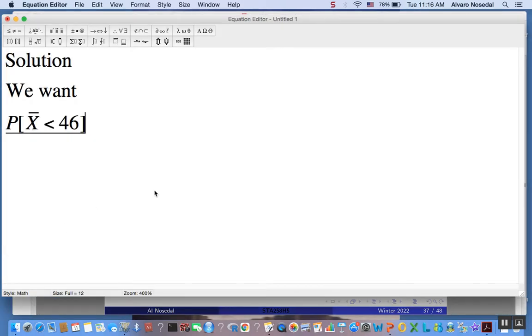The key to finding that probability will be the following. First, remember that if we have a random sample coming from a normal distribution, then x bar also has a normal distribution.